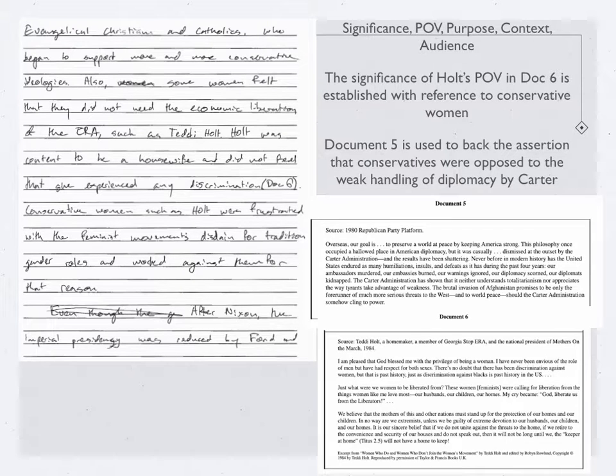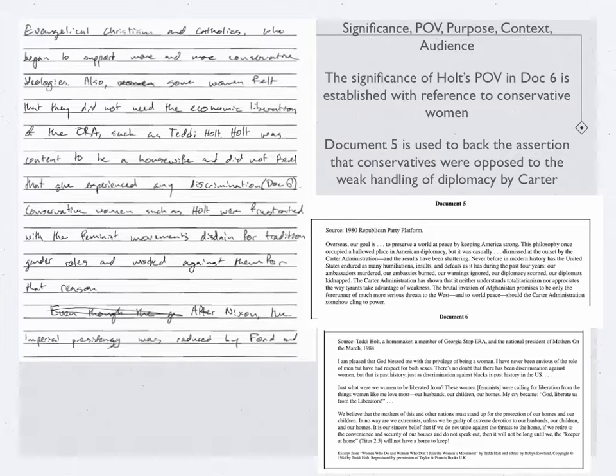All right, let's look at this page, where the writer uses document 5 to back the assertion that conservatives are opposed to the weak handling of diplomacy by Jimmy Carter. You can see document 5 right there. That's the Republican platform. You can read through it, stop and pause. And then you can see document 6 again, which is the letter from the homemaker who is in opposition to the feminist movement.